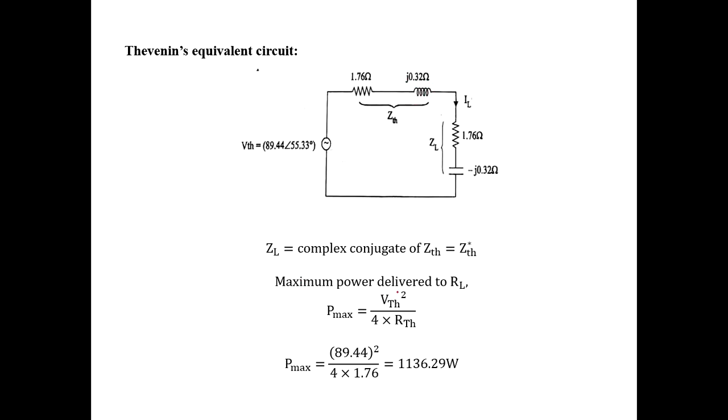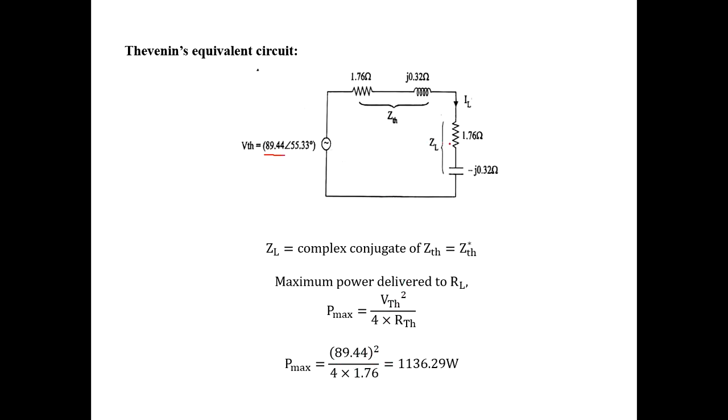Next, the maximum power delivered to the load, we know, is VThevenin square divided by 4 into ZThevenin. Here the VThevenin value should be in polar format. We have to take the magnitude value alone, 89.44, the whole square divided by 4 into the ZL value.